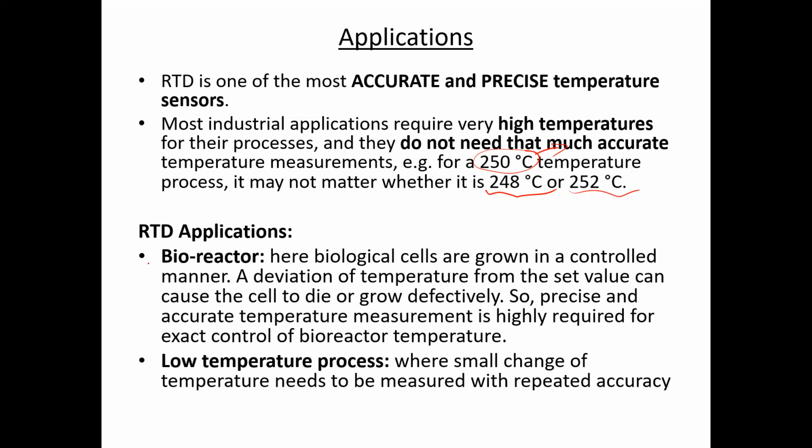And another example, suppose in a bioreactor where a continuous temperature has to be maintained for the proper and controlled growth of the cells. So for continuous monitoring of the temperature in that particular bioreactor, RTDs can be placed, or any other temperature detectors can be placed to continuously monitor the temperature.